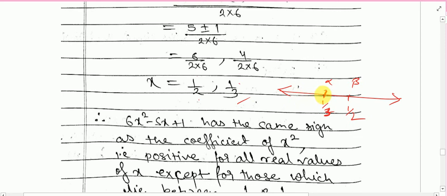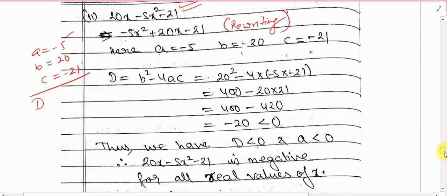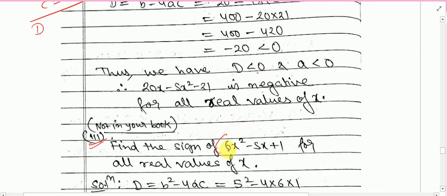Now the sign of the quadratic function for all real values on this side and for all real values on this side will be the same as the sign of a. Here the sign of a is positive.